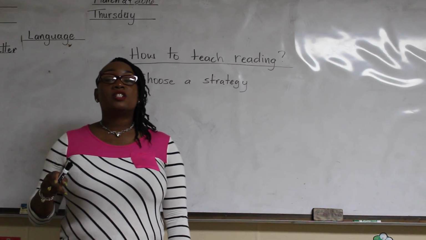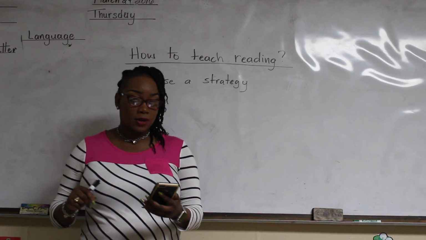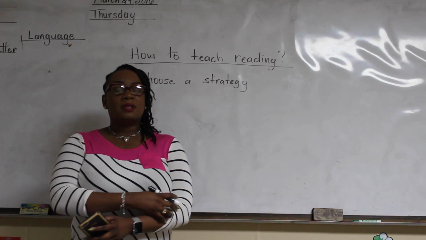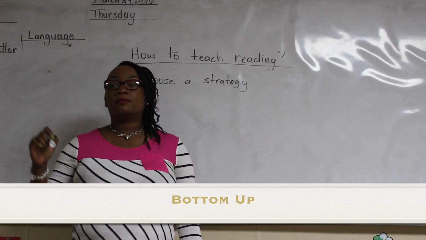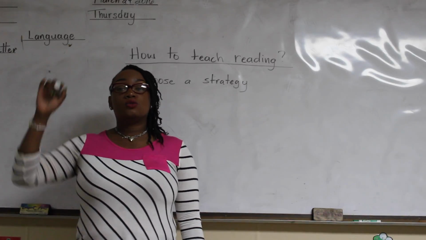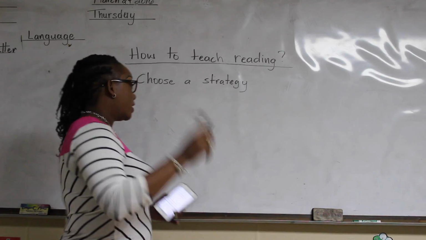The first strategy is called the bottom-up strategy. Okay, and it's also called the behaviorist model. Now when I say bottom up, you go from the very bottom to the top level. So the bottom level would be letters.